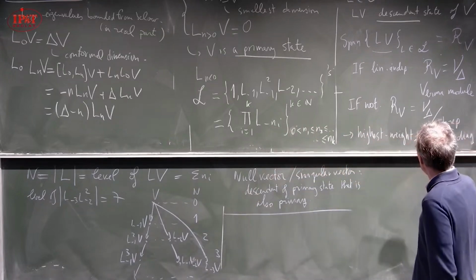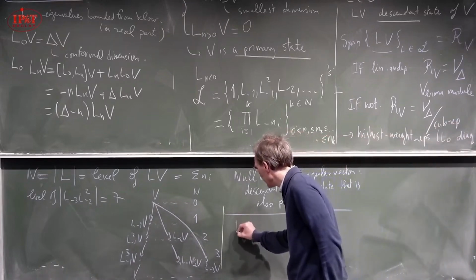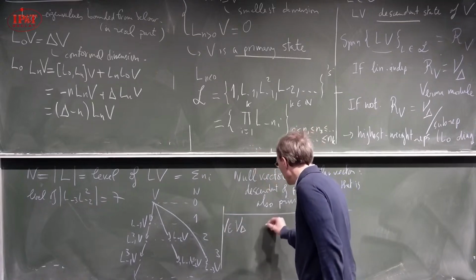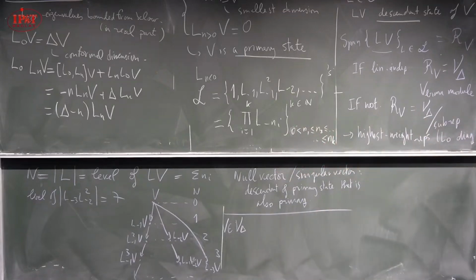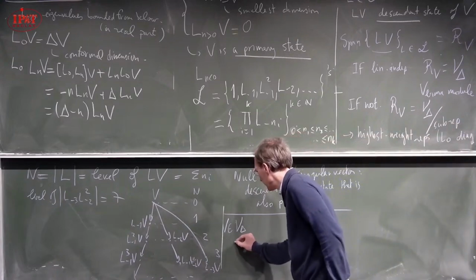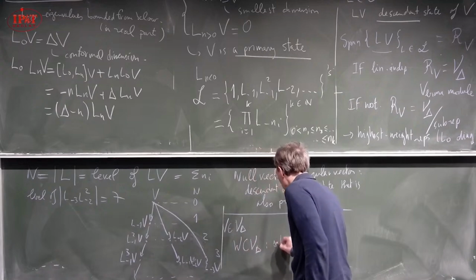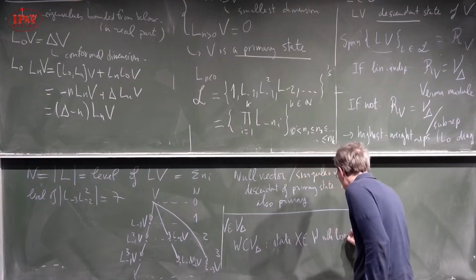And the point is that if we start with a Verma module, let's say, generated by some primary state V, and if you have a submodule, let me call it W, then you can look in this submodule at the state X in W with the lowest dimension.